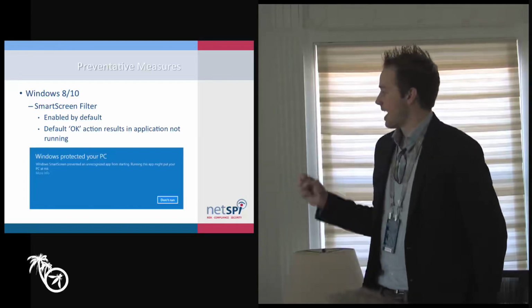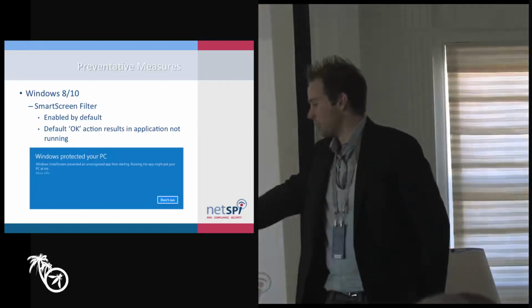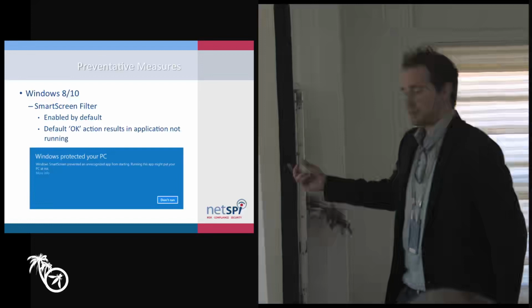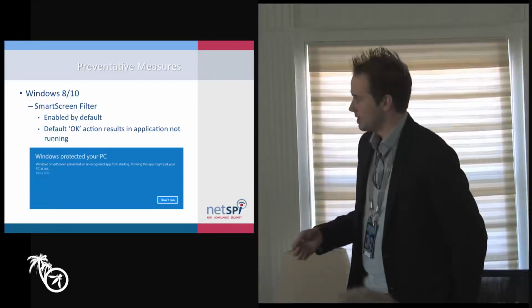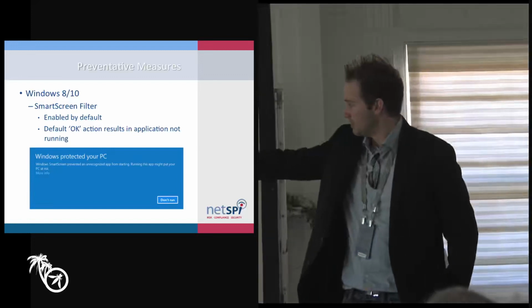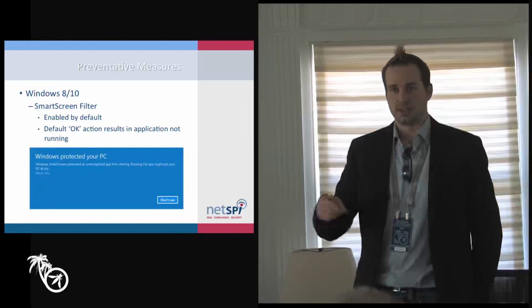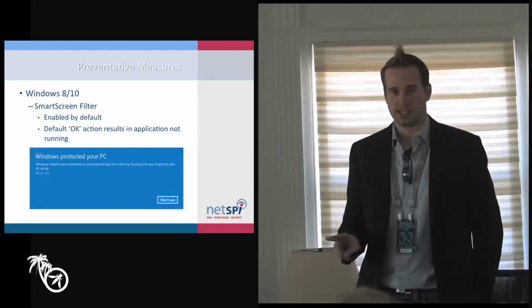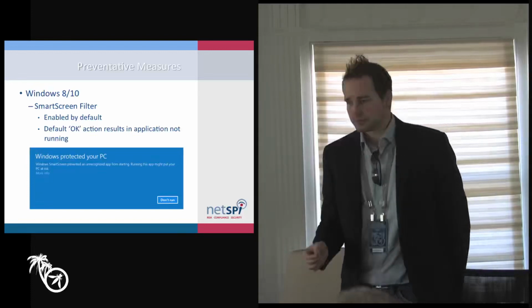The default action that comes up when you're connected to the internet is this Don't run button. To get to the prompt where it will let you run the application, you need to go to a More info button, which will then enable the Run anyway button, and then you need to click that. So that's an additional 2 clicks that a user needs to actually run this application.